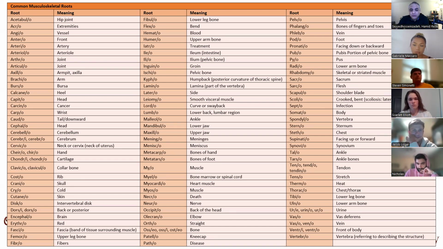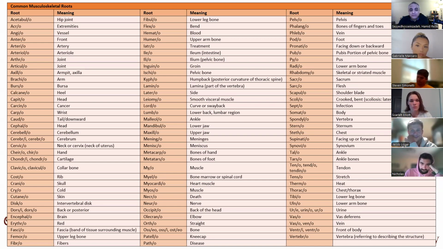So when you want to communicate with surgeons in future, you will be prepared. So again, you don't need to memorize them. I will not ask these words and these roots and suffixes as the question in the exam, but these are just here for you to become familiar with it.